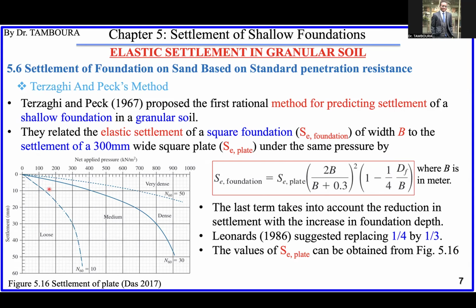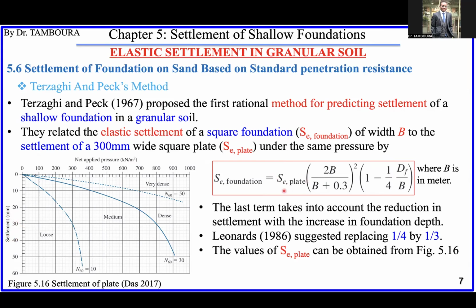For example, let's say the net pressure coming on your foundation is 300 kilopascal, and you have an N value of 10. Then you read it, you come on this curve and you project it here. So it means your SE plate will be 30 millimeter.